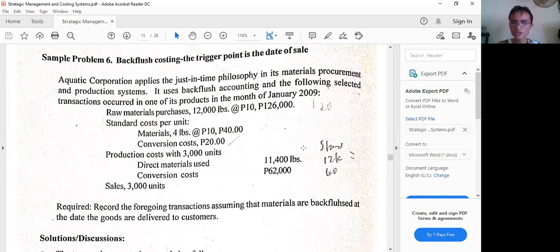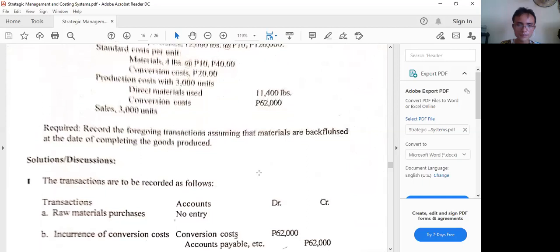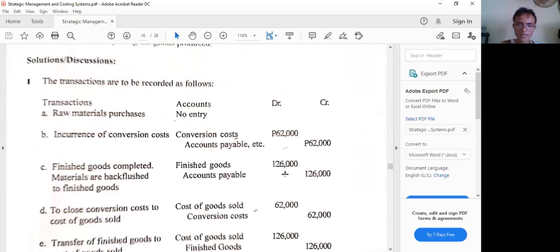But this is backflush costing, so we really have to focus on purchases. If this is an ordinary type of situation like production, then we will focus on the direct materials used. So hopefully that is also highlighted. Focus on the purchases. 126,000 finished goods and accounts payable.